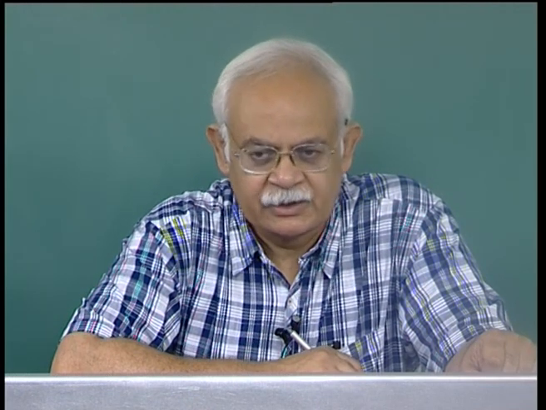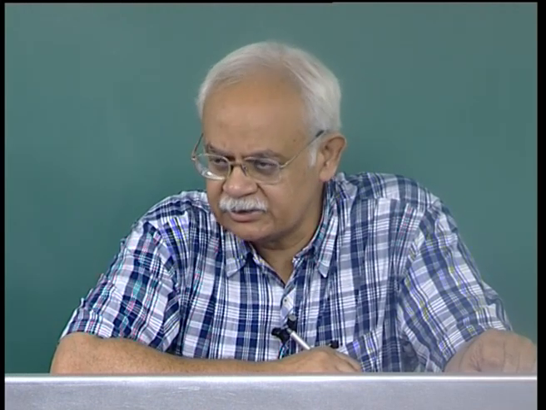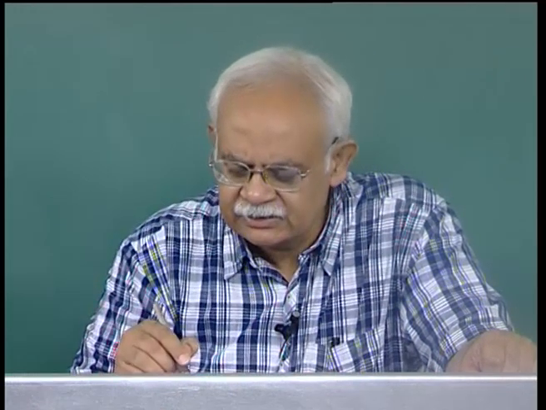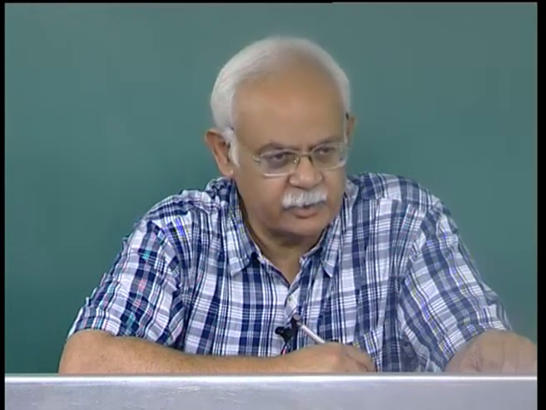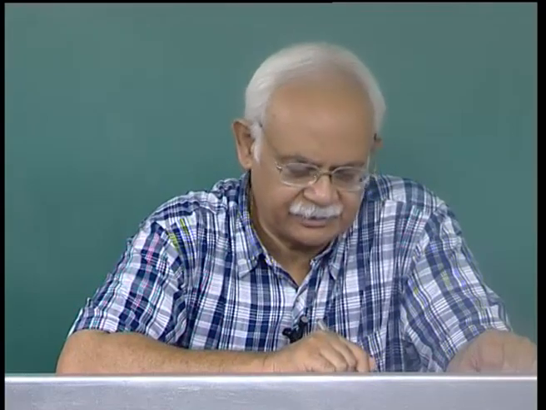The other possibility, of course, is that these panels are not considered when we are talking in terms of the load carrying mechanism of the column, and the same thing really holds for the beams as well. So, we have participating permanent formwork and non-participating permanent formwork. That formwork differs from regular formwork in the sense that it becomes a permanent part of the structure and is not struck off after the concrete has hardened and gained sufficient strength.